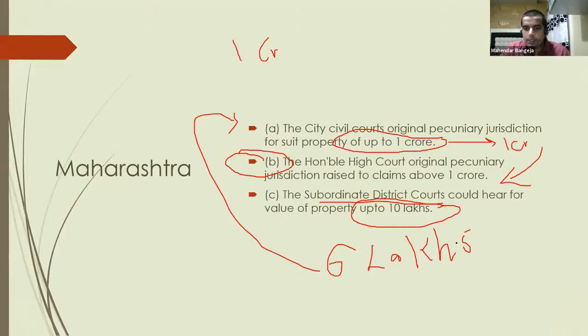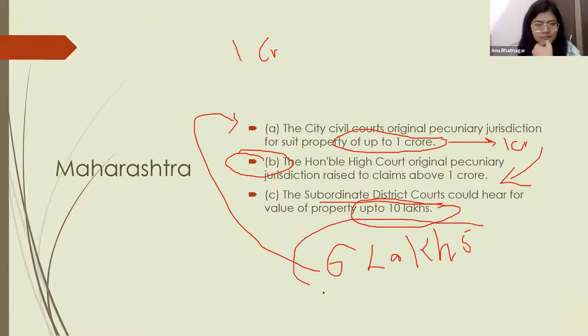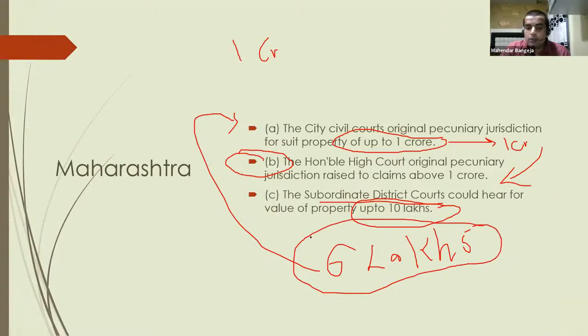He is not incompetent. But the problem is section 15 mandates me to file the suit before the court of lowest grade. तो इस केस में lowest grade is subordinate district court.